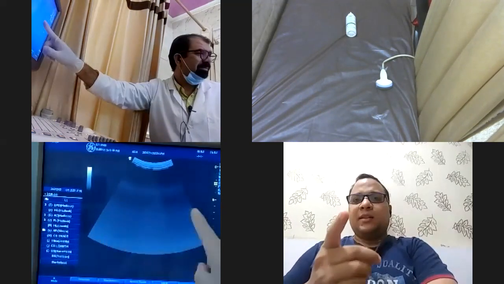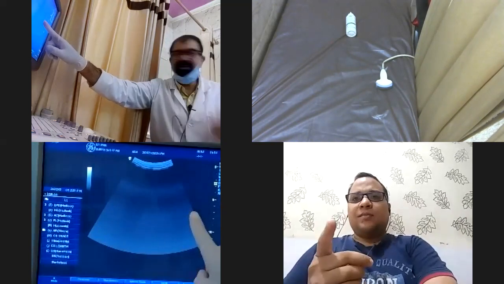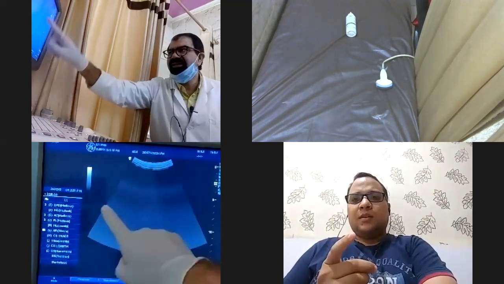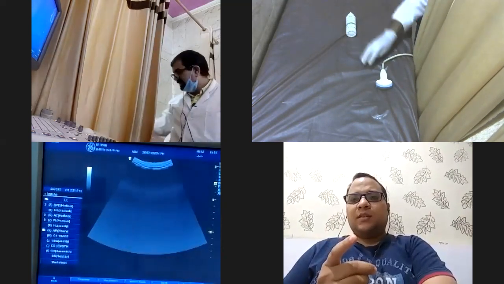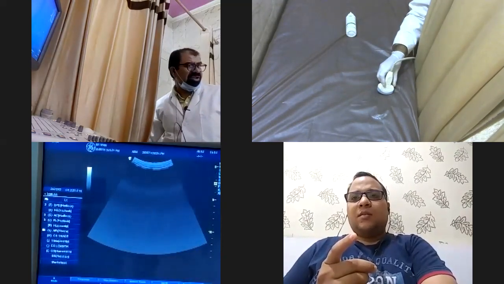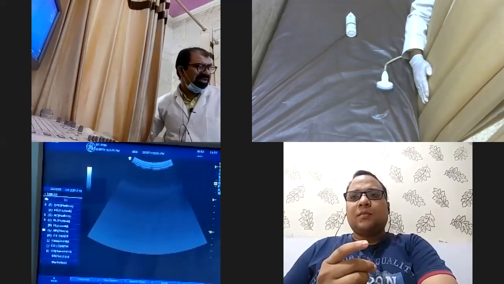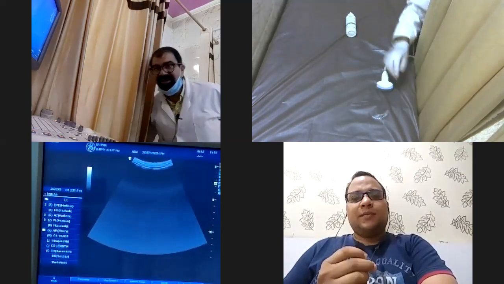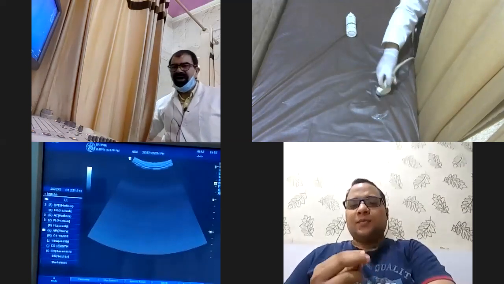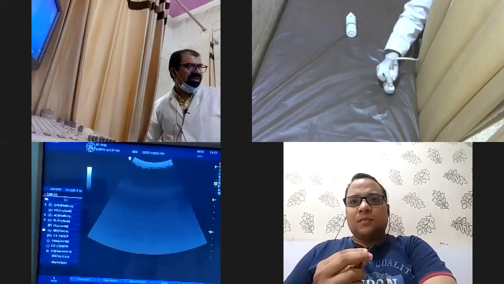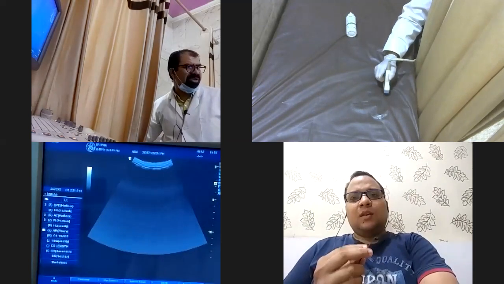The patient's right is right. Now I'm repeating: this is anterior, this is posterior, this is right, and this is left, when I am in transverse section and this indicator is towards the patient's right. Now I have rotated this probe clockwise, and this indicator will go towards the patient's head.